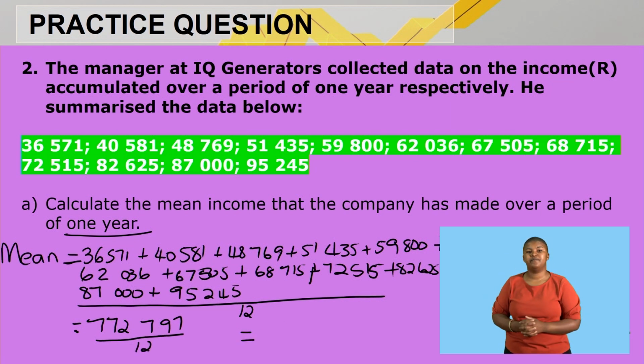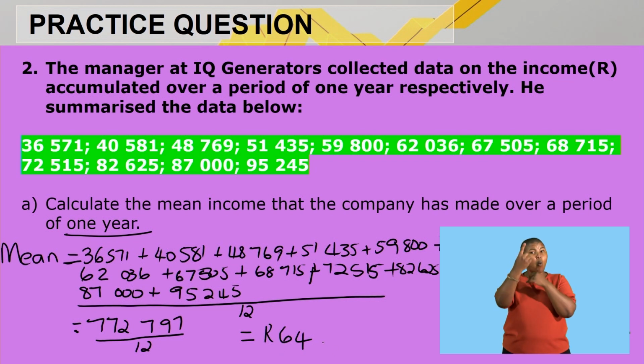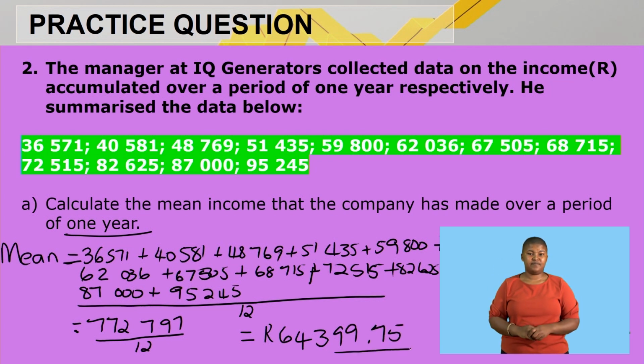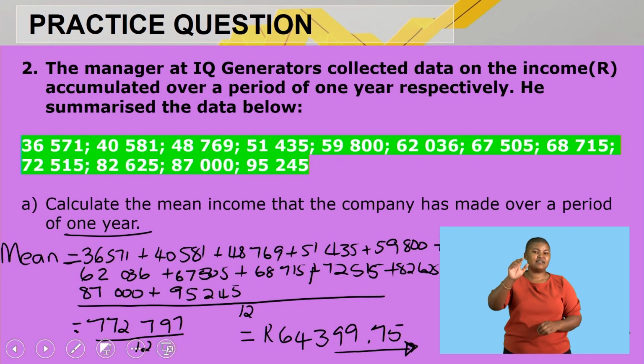So the average of this company on the accumulated amount over a period of a year is 64,399.75. So this is the average of what they have accumulated.